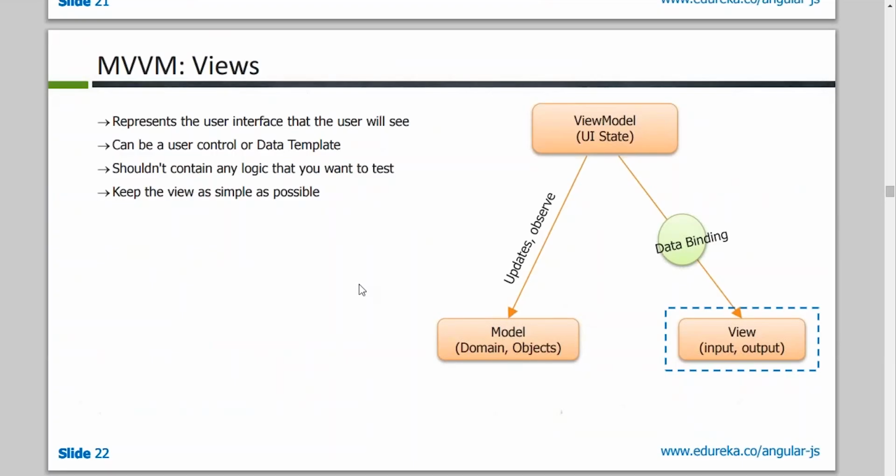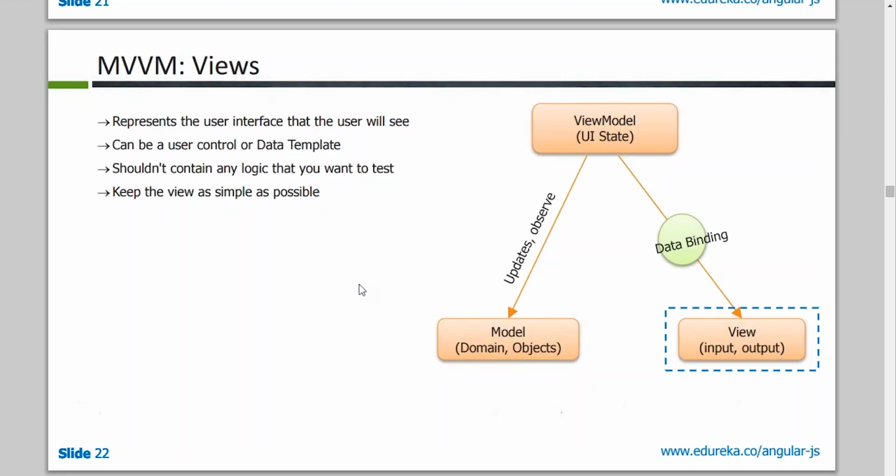It represents the user interface that the user will see, all right, though it is very thin. It has the controls, like triggering of events. It is a data template, maybe a static data template. It does not contain any logic. Remember I told you there is an interface in the view model.